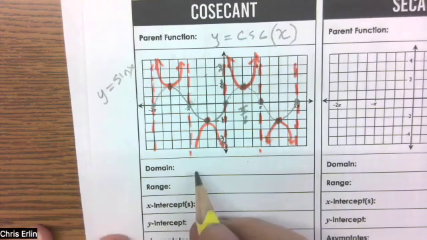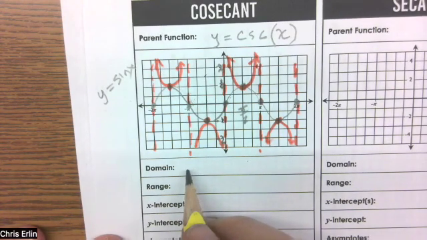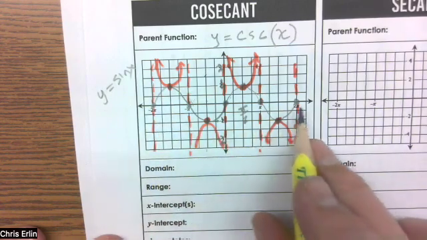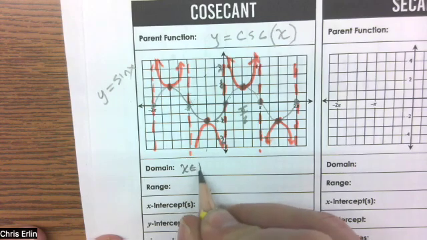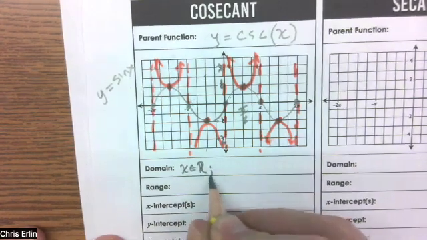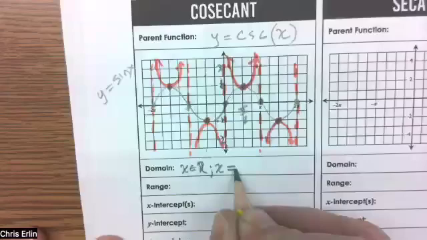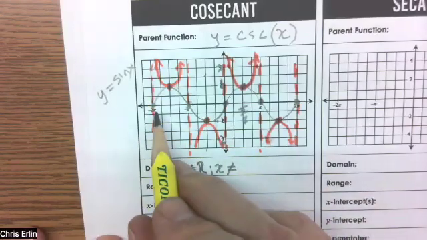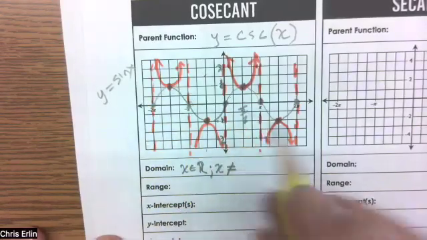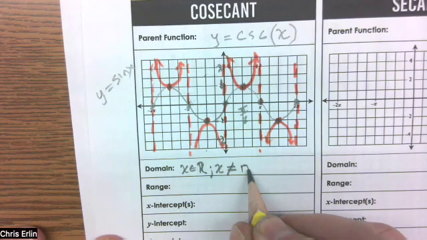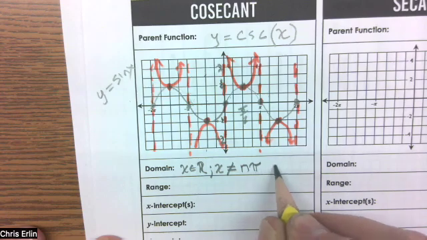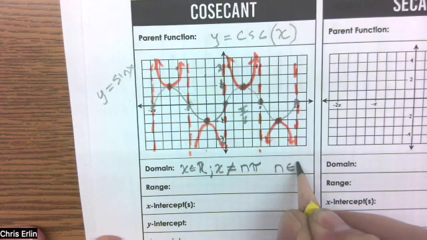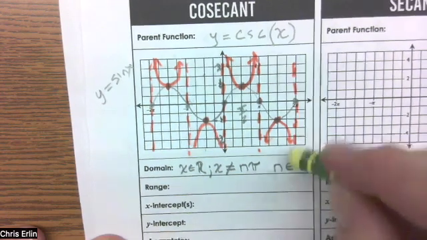Okay, so what's our domain? Generally, we want to do all real numbers, except that there are some values that it can't be. Good. So not n pi, where n is an element of integers.